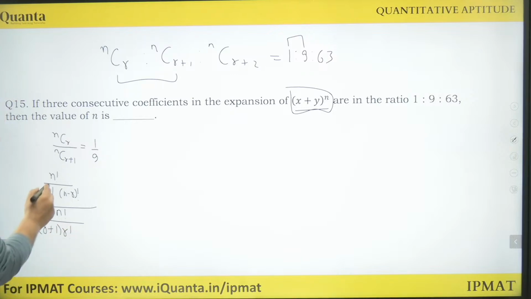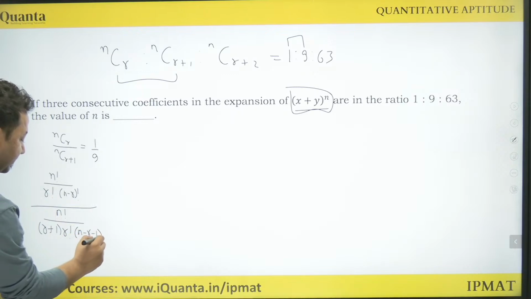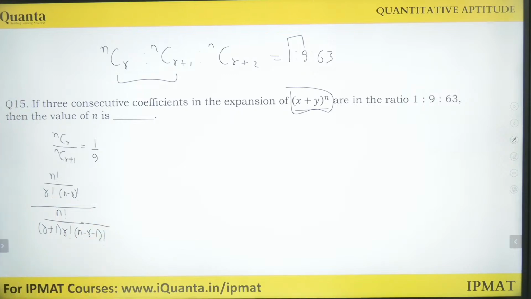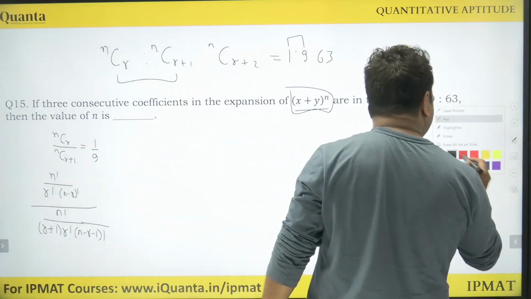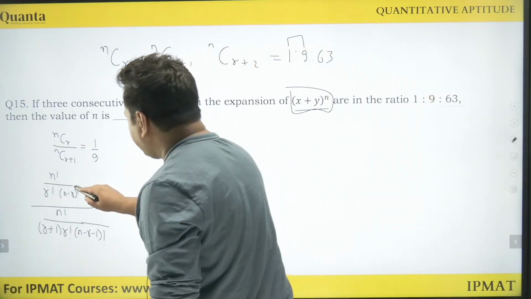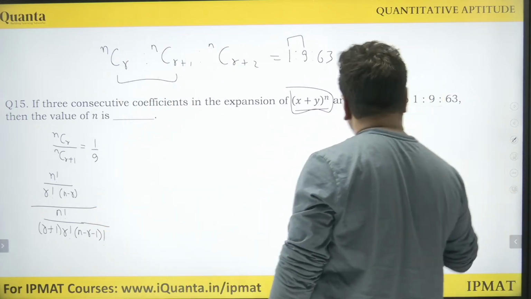Why did I do that? So that things get cancelled easily. Okay, and then I have factorial of (n minus r minus 1). And in the similar way, I can expand this as well. So instead of writing factorial of (n minus r), I can write it as (n minus r) multiplied by factorial of (n minus r minus 1). I hope that is clear.